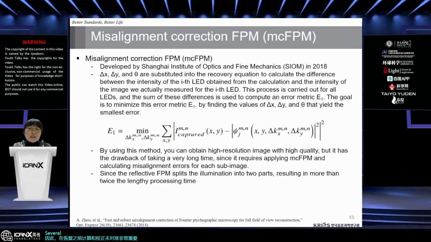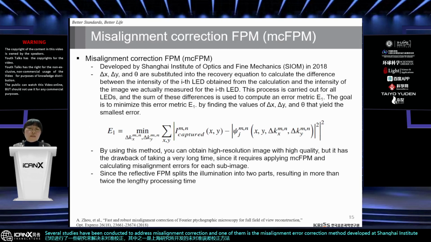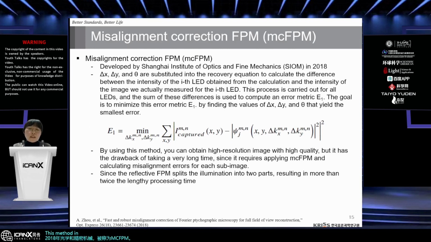Several studies have been conducted to address misalignment correction, and one of them is the misalignment error correction method developed at Shanghai Institute of Optics and Fine Mechanics in 2018, known as MCFPM. This method involves adjusting the misalignment errors, for example, delta x, delta y, and theta by varying their values within the range of minus 2 millimeter to 2 millimeter for delta x and delta y, and plus minus 1 degree for theta.